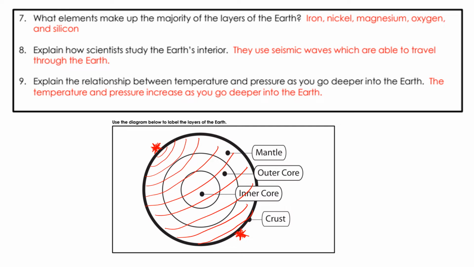It would go kind of slow and then faster, faster, faster, and then slow down, slow down, slow down, as it was going through Earth. And they were wondering, how come it's changing speed as it's traveling through the Earth? Well, it's because it's made of different materials, and some layers are solid and some are liquid. That's how they were able to figure that out.